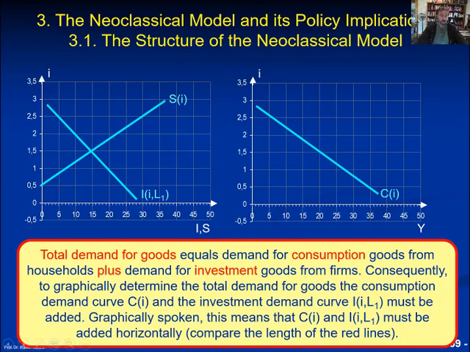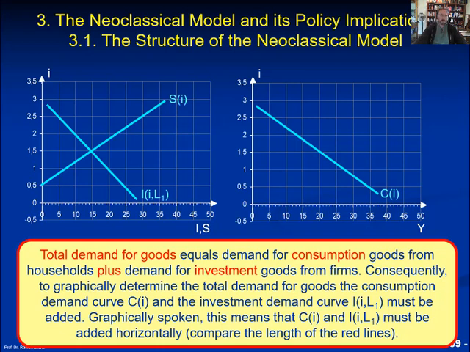In other words, investment appears in fact two times in the neoclassical model: on the credit market as investment credit demand, and on the market for goods as investment goods demand. We can now use this identity to construct the investment goods demand on the market for goods.